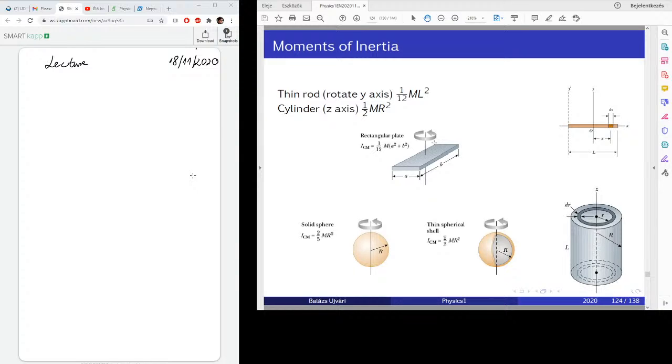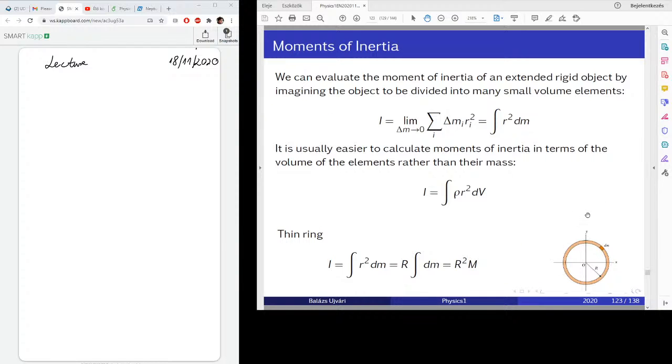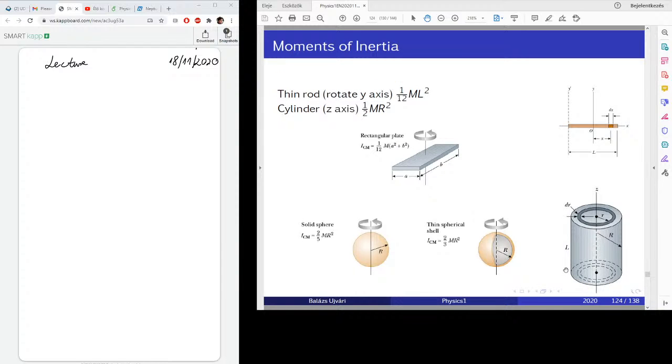For example, the moment of inertia for a cylinder is 1/2 mR². You can see this is only the full mass of the cylinder and the R of the cylinder, and the L, the length of the cylinder, is not in this formula, so the moment of inertia is independent of the length of the cylinder.